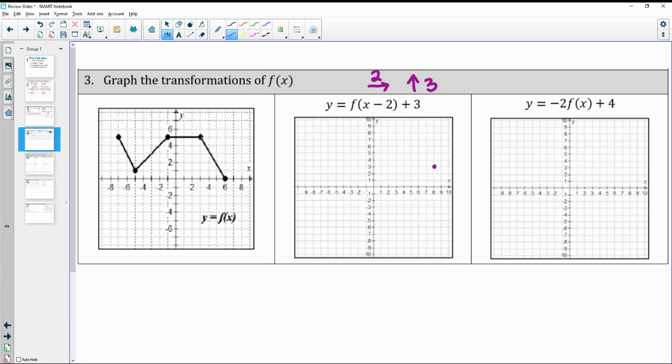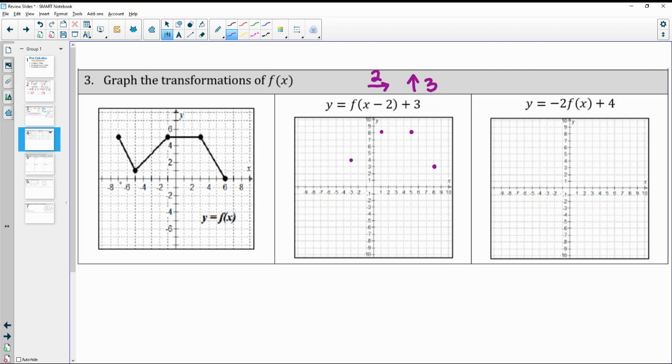This point is at 3, 5. So if I go to 3, 5 on this graph, I'm going to go over 2 and up 3. This point is at -1, 5. So if I go to -1, 5, I'm going to go over 2, up 3. This point is at -5, 1. So if I go to -5, 1, we're going to move over 2 and up 3.